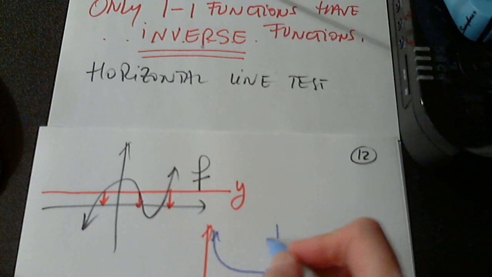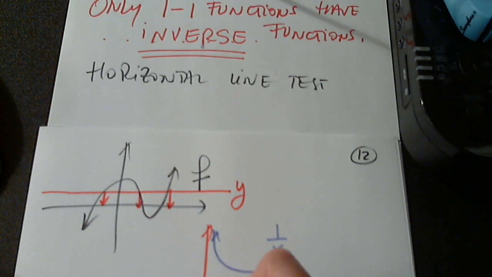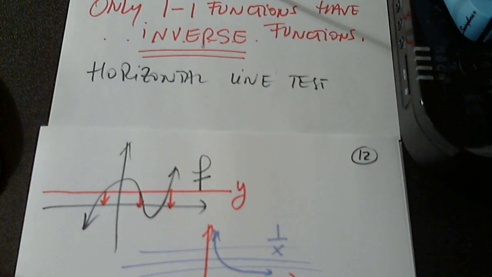This is one of our best friends. Is this one-to-one? Is this one-to-one? Yes. By the horizontal line test, it is one-to-one. Yes, this is one-to-one. This one has an inverse. This one does not have an inverse.